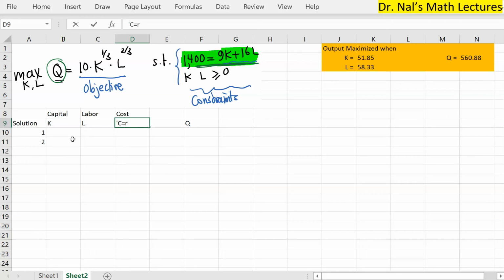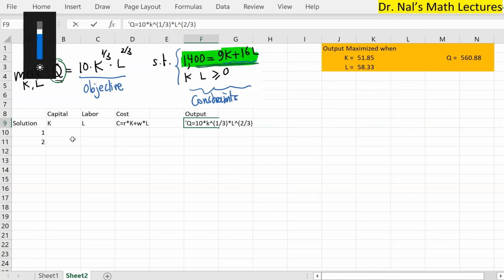It is just R times K plus W times L. This is how much you pay for all the factors of production. So here is the output, and output is given by the following formula, which is basically the function itself: 10 times K raised to the power 1/3 times L raised to the power 2/3. Let me replace that with capital K.